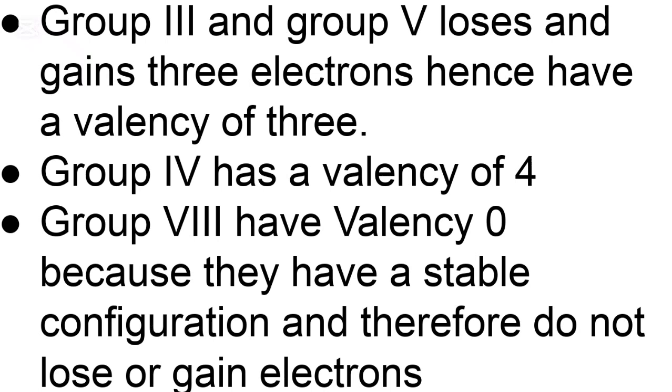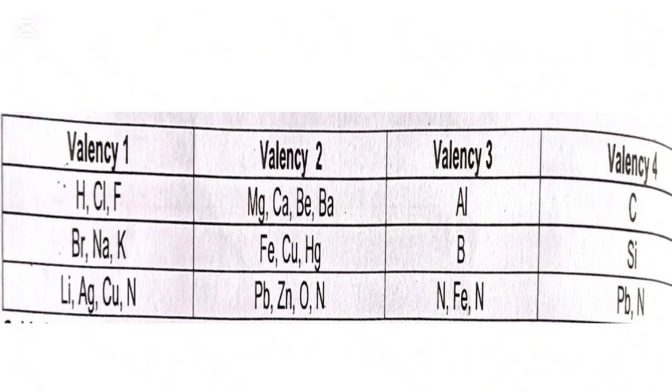Now, when we move on to group 4, it has a valency of 4. Group 8 has a valency of 0 because they have a stable configuration and therefore do not lose or gain electrons.